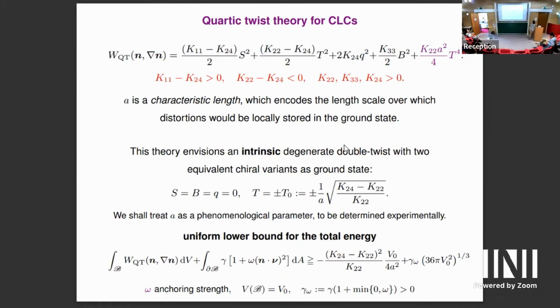And as a consequence of the ground state envisioned by this theory, the total energy obeys a uniform lower bound, where V0 is the volume which is fixed. And this lower bound prevents the existence of minimizing sequences driving the energy to minus infinity, which generate the paradoxes within the classical energy.